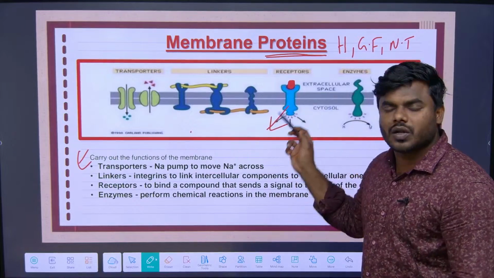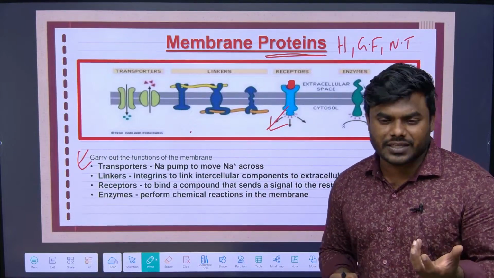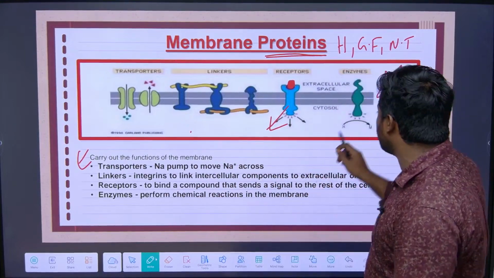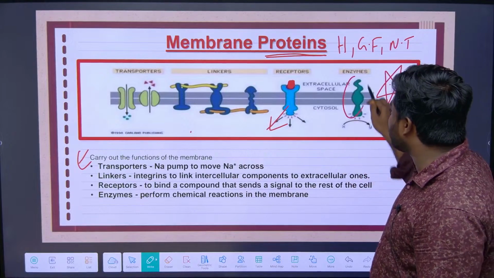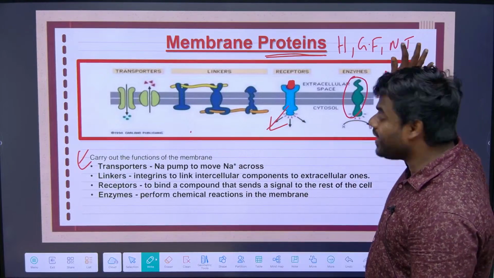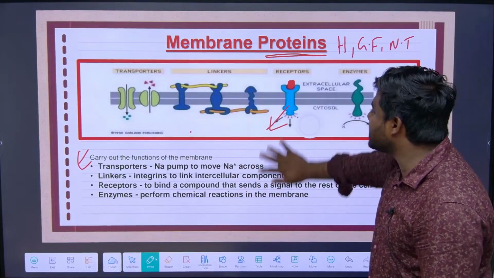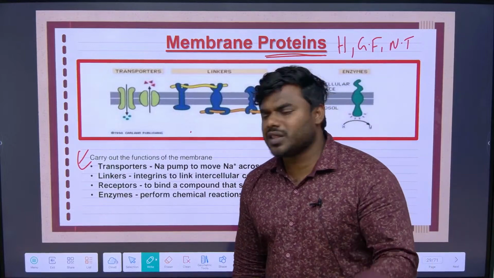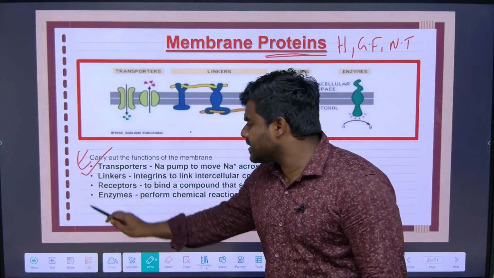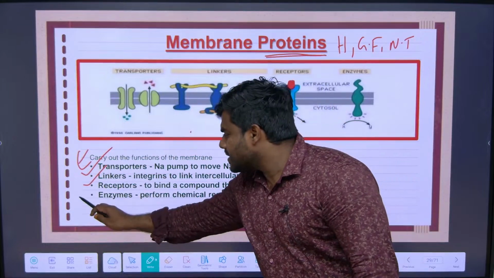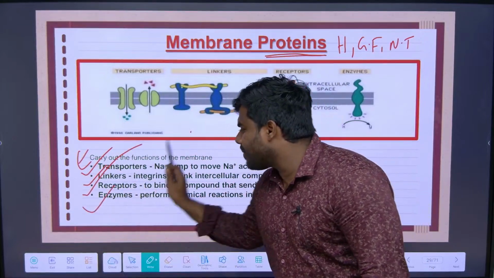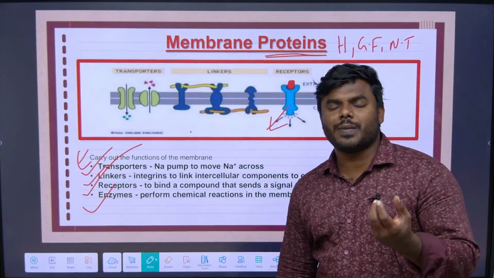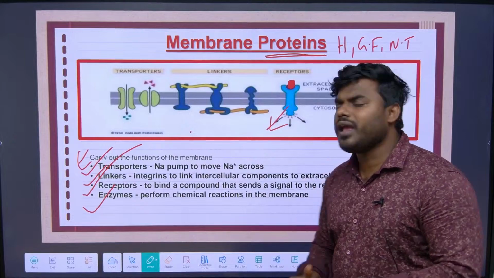So this receptor is also protein in nature. And we cannot imagine any reactions without enzymes. Enzymes are chemically proteins only, right? All enzymes are proteinaceous in nature. So the proteins present on the membrane act as transporters, linkers, receptors and enzymes. These are all the major functions performed by the membrane proteins.